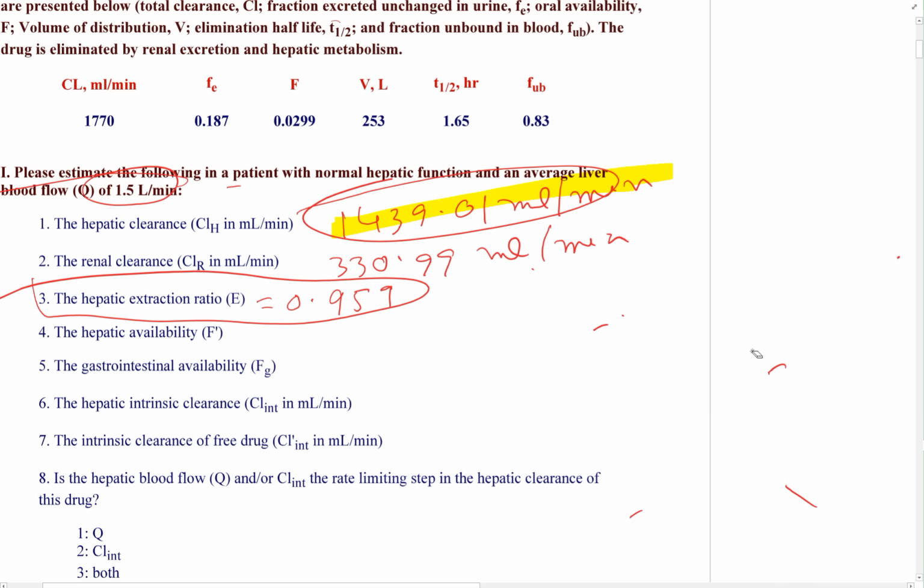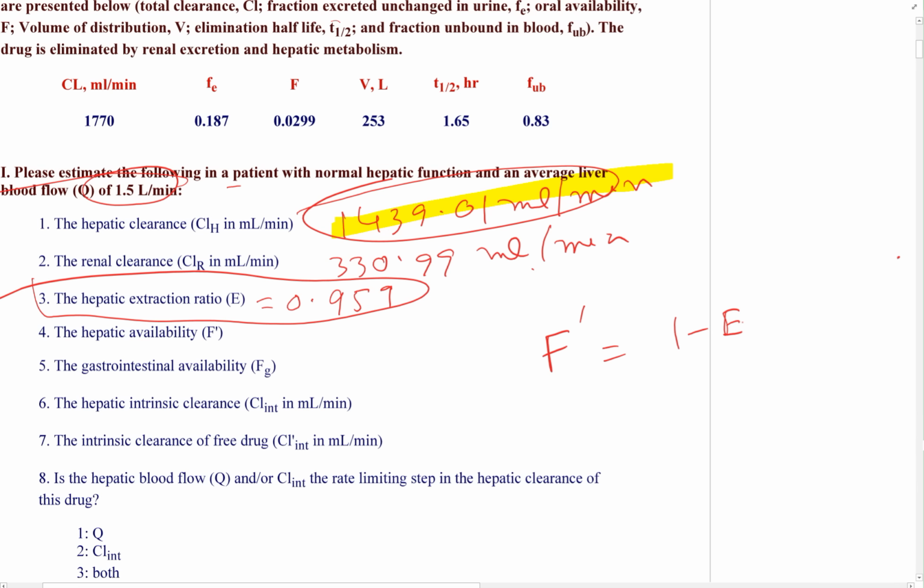Then hepatic availability. In my previous video, I mentioned hepatic availability is denoted by F prime, which is equal to 1 minus E. That means the fraction of the drug that escapes hepatic metabolism.